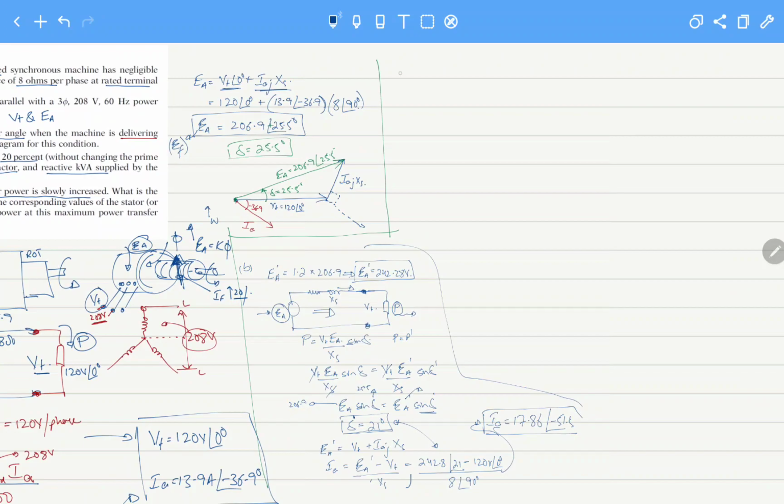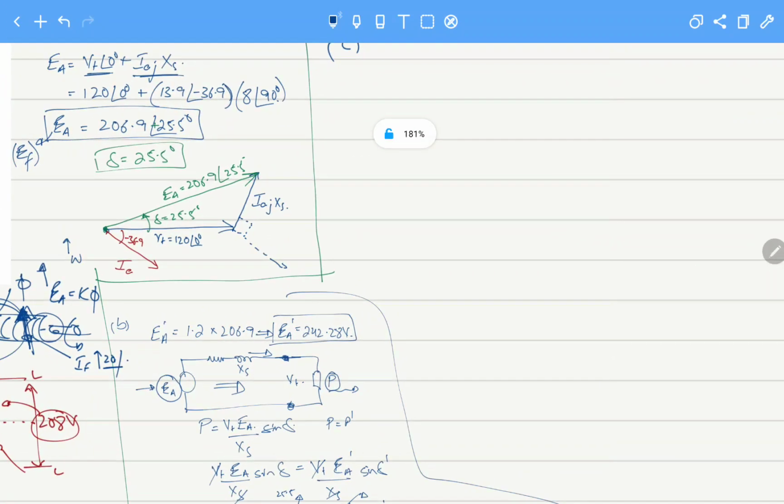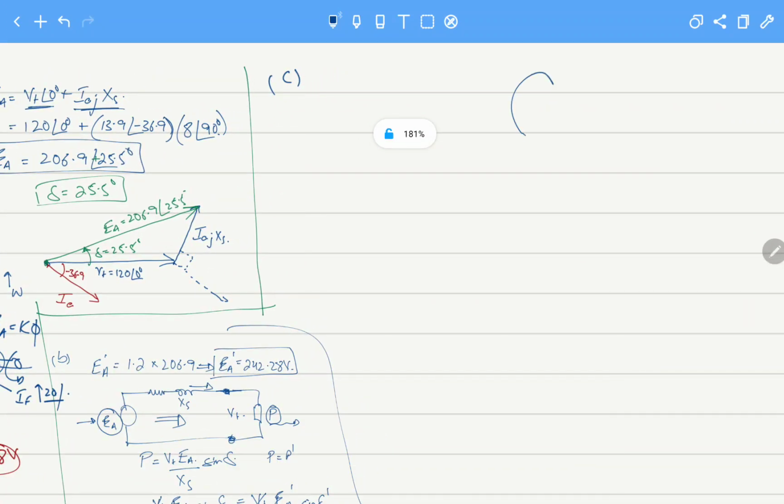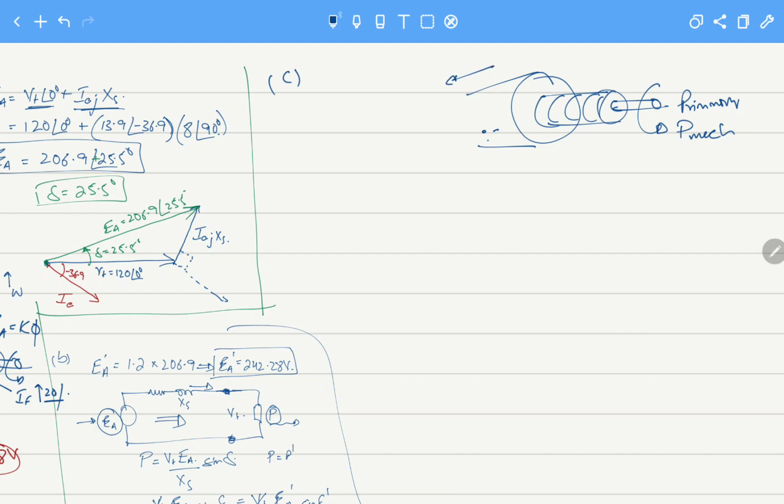To understand this concept, it should be noted that for a generator, this is our synchronous generator, and here is our prime mover that is giving us the mechanical power, and this mechanical power is converted to real power.